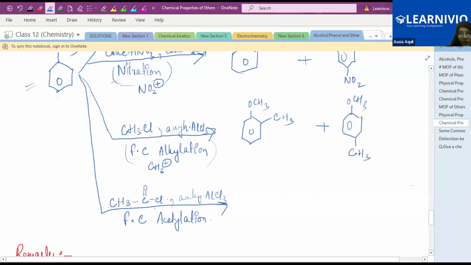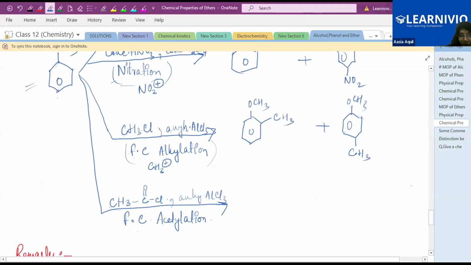Similarly, do the Friedel-Crafts acylation. There are two types of Friedel-Crafts reaction. Alkylation, in which you use alkyl chloride, CH3Cl, and the second one is acetylation, in which you use acetyl chloride. What is acetyl chloride? CH3COCl. You will use CH3COCl, and this will be fixed, plus anhydrous AlCl3.